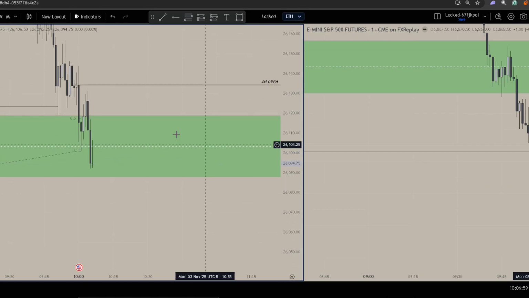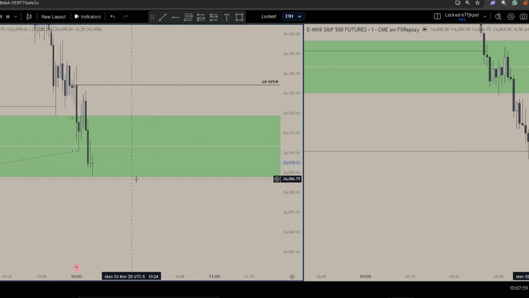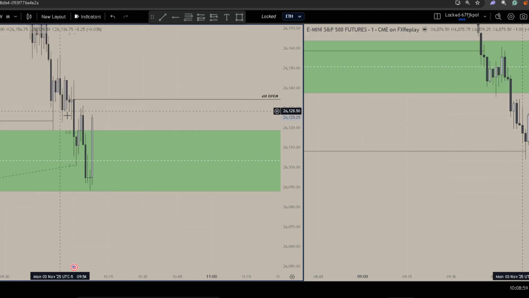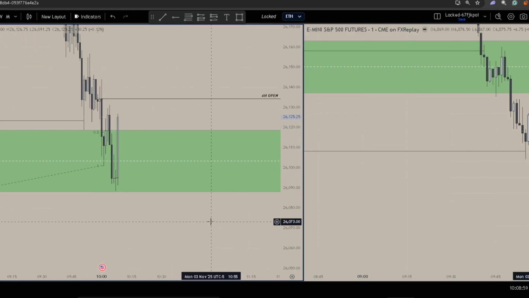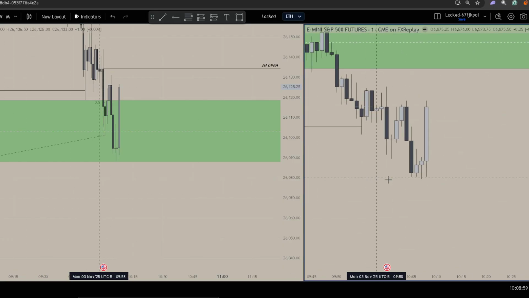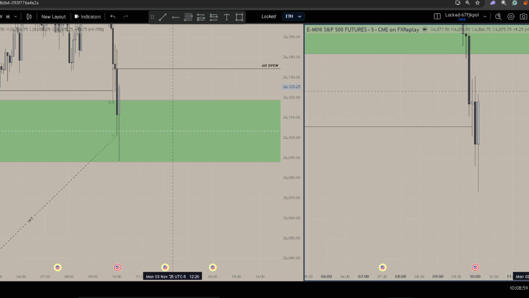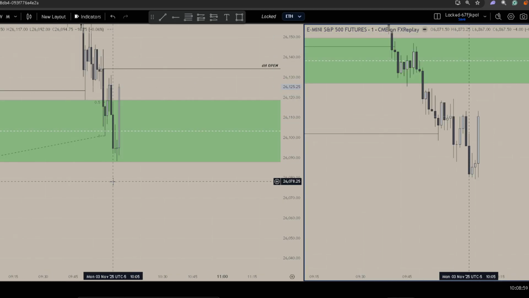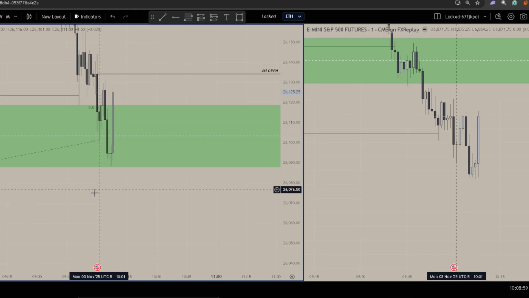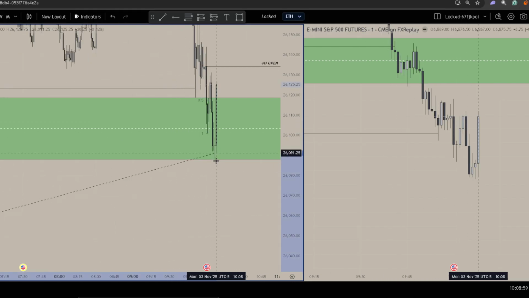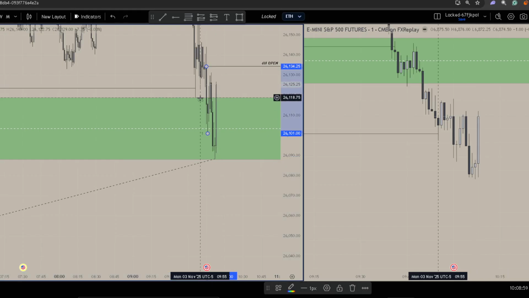Let's see. Maybe. Okay, I'm still kind of long bias right now. Maybe that double purge. The double purge is what we were waiting on.